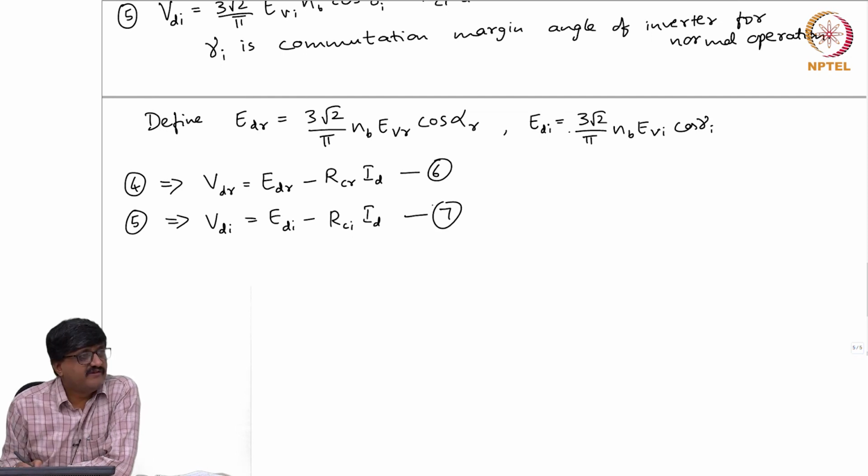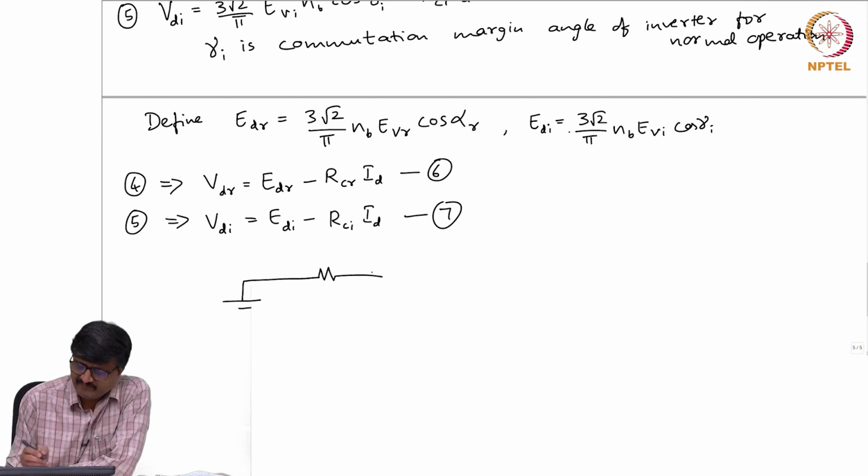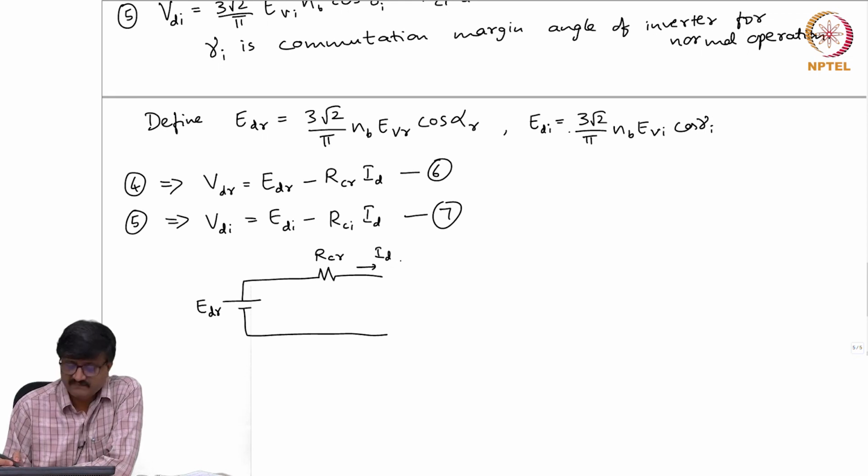Taking equation 6, I can have a circuit equivalent: a voltage source in series with a resistance. The resistance is RCR, the voltage source is EDR, the current flowing is ID, and the voltage at these two terminals is VDR.